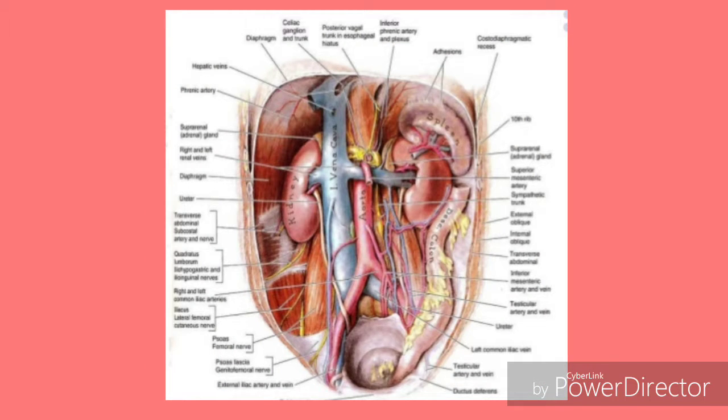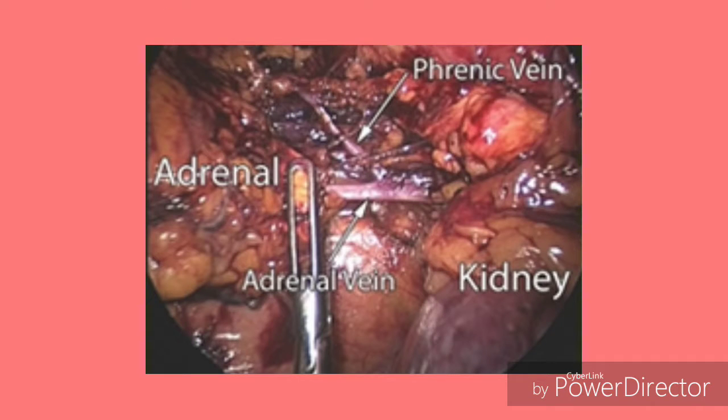The procedural steps may differ just a little between the right and left adrenal glands, also depending on the approach that is used. If the right adrenal gland is going to be removed, then the liver needs to be mobilized, and the hepatic flexure of the colon can then be mobilized if needed or preferred by the surgeon.